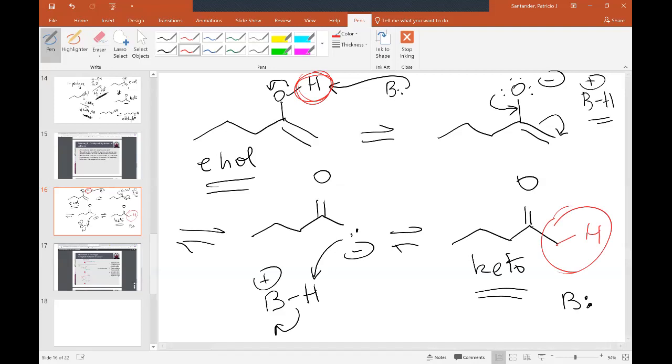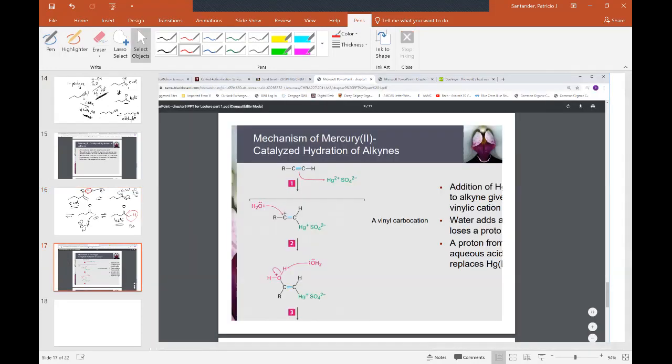Okay, and then here in the next slide, we have the mechanism of this reaction with mercury. So first we have the reaction of the alkyne, the pi bond of the alkyne reacting with the mercury 2+. And then once you form a carbocation intermediate, water can attack that carbocation intermediate, and you will form the enol form here.